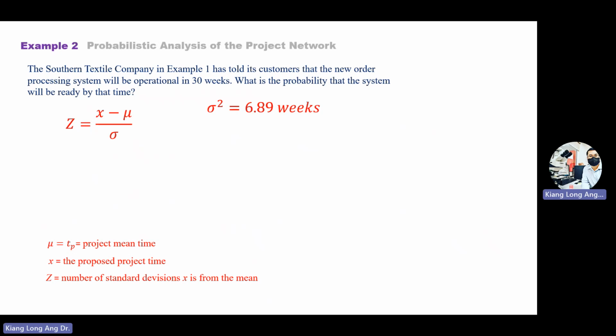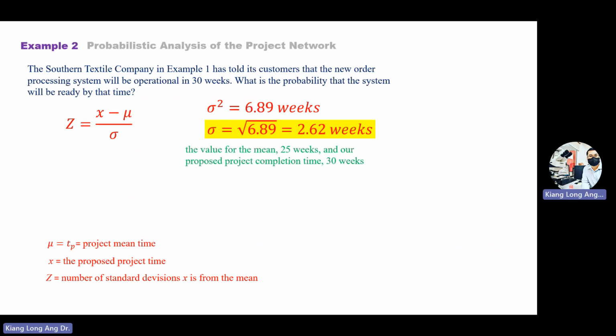So this one is without the square, so you need to take the square root of this number. So your standard deviation is 2.62 weeks. Again, minimum 2 decimal places. Okay. So once you have that number, for the mean of 25 weeks, our proposed project completion time is 30 weeks.